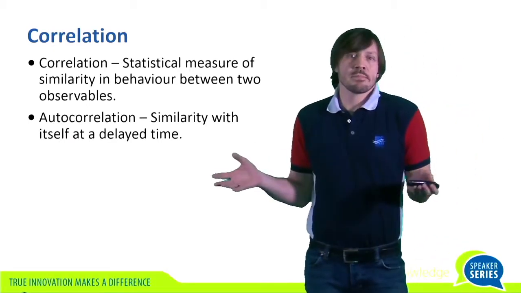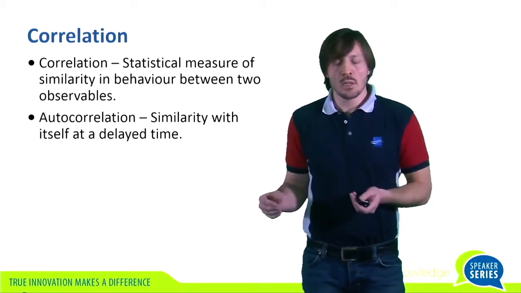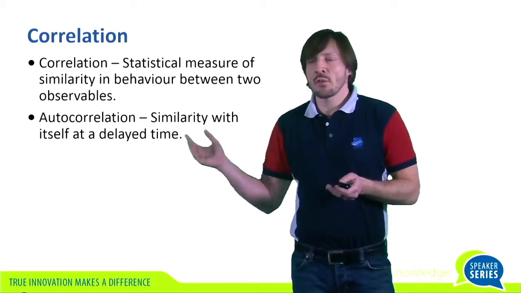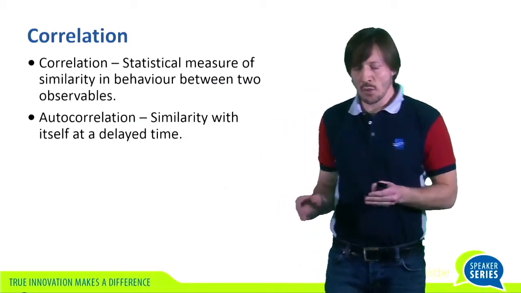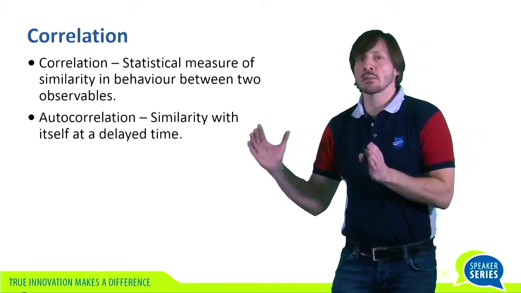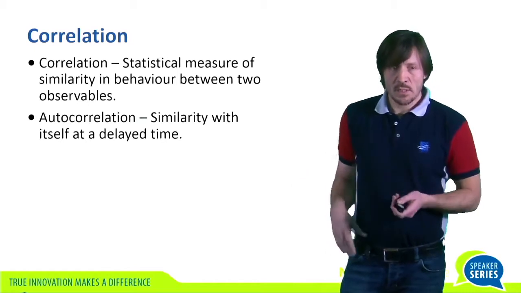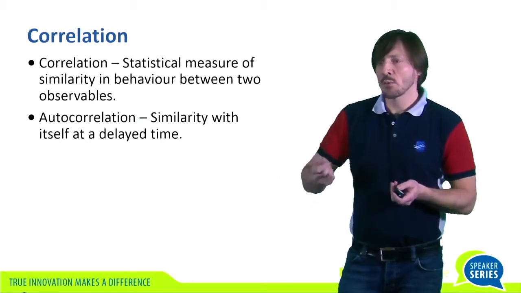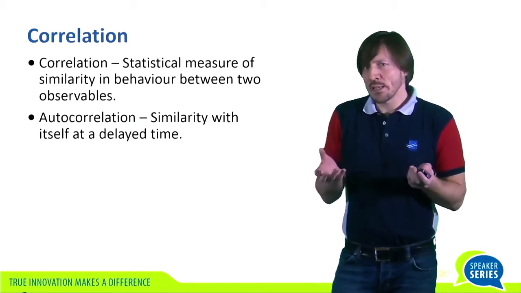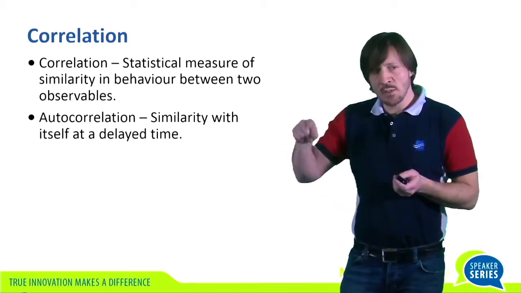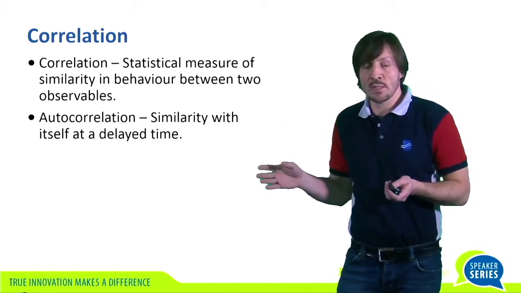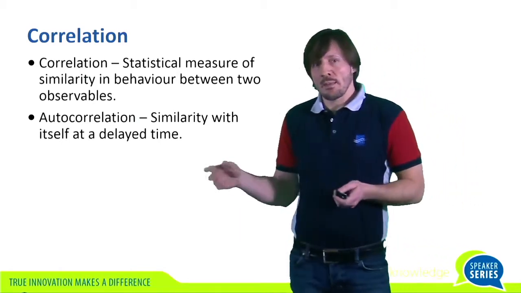So if I now take this beer sales example, and I look at these correlations as a function of time delays, that means that I take the time series and I compare it to itself shifted over by some time lag. For instance, with the beer sales, you could probably imagine that you would find a correlation if you look at time delays of 1 week, because we expect there to be weekly variations, so that sales go up in the weekends maybe and down on the weekdays perhaps, and that repeats over and over.